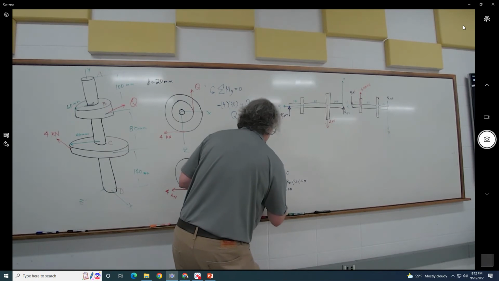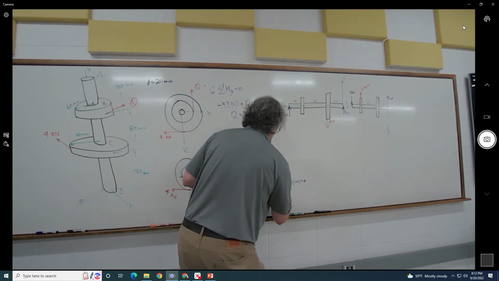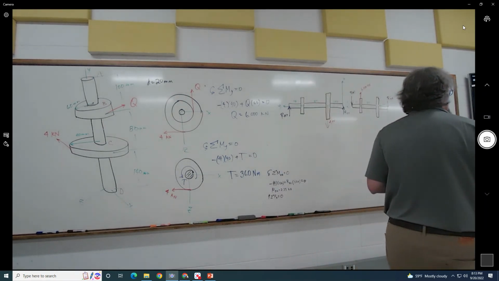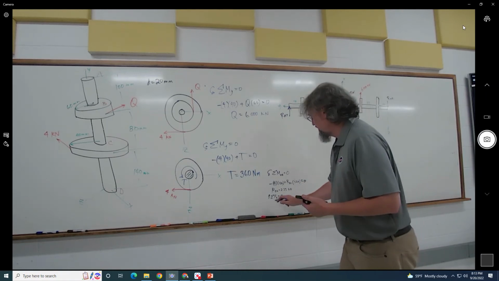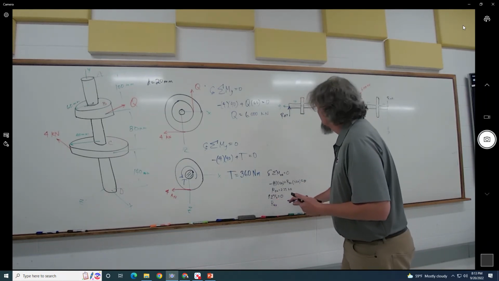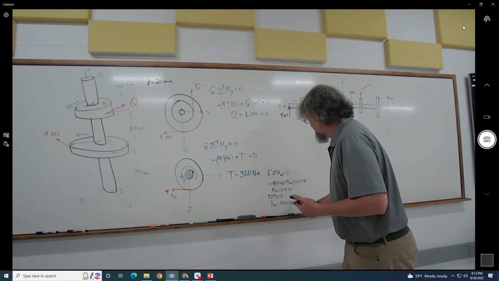And then the sum of the forces in the x direction is going to be RAX minus 4 plus 2.25 equals 0.